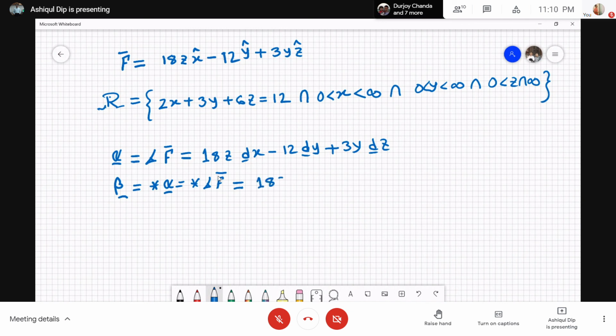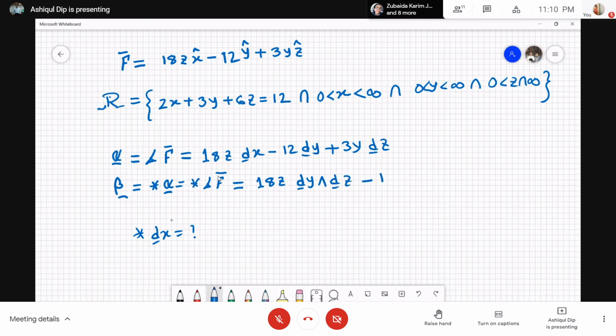Z, then it's x. So if you take star dx, what's that? It's dy wedge dz.